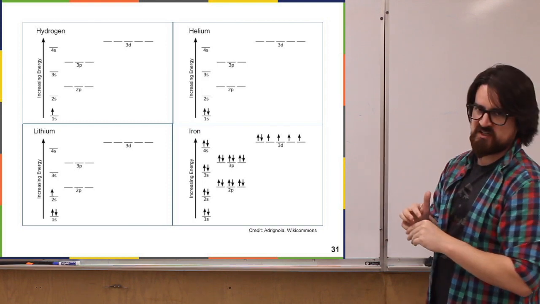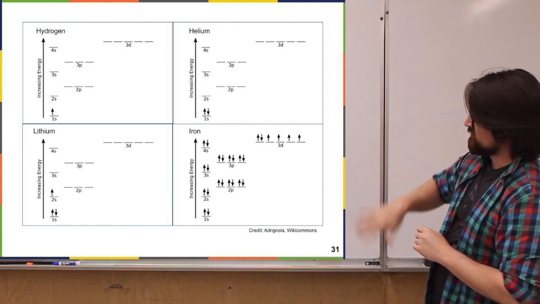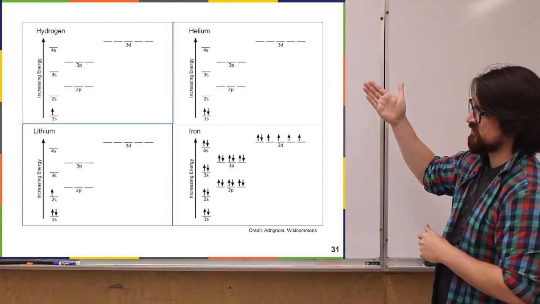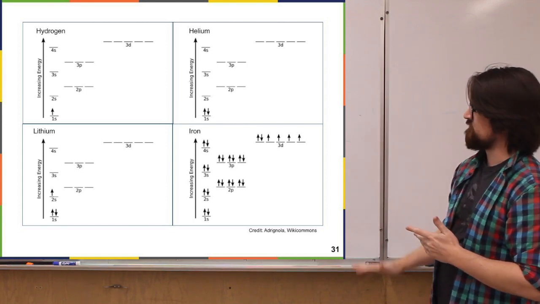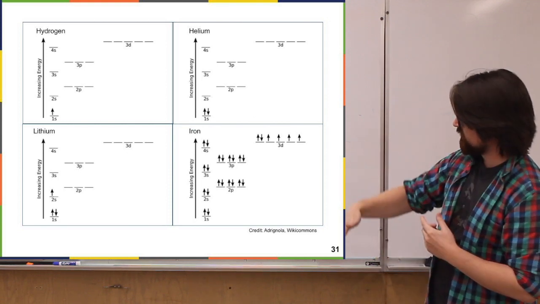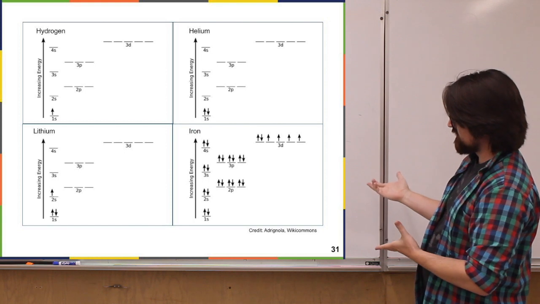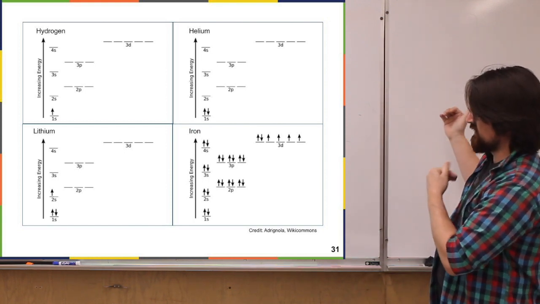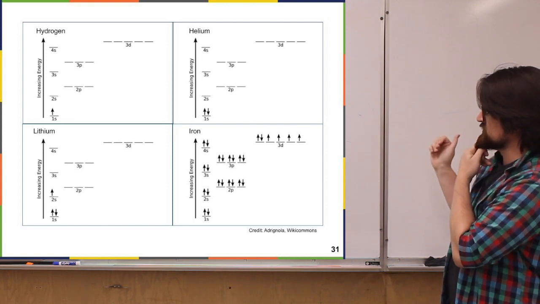But now that 1s state is completely filled. Going on to lithium, another electron is going to go into the 2s state. And so you're just filling up the energy levels of these atoms. All the way to a larger atom like iron, you see has all these states filled, and then some of the higher ones are only partially filled.